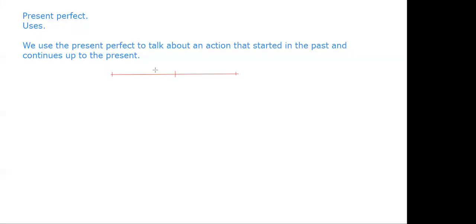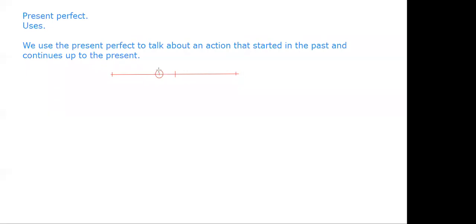So let's say that at this point of time, yesterday, this is an action. The action started there. But what happens? This action has not finished. And you may be like, how is that possible?